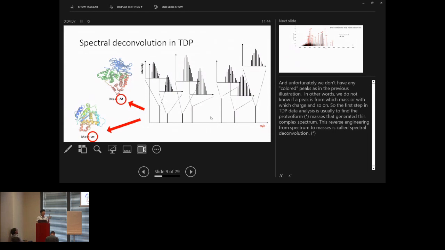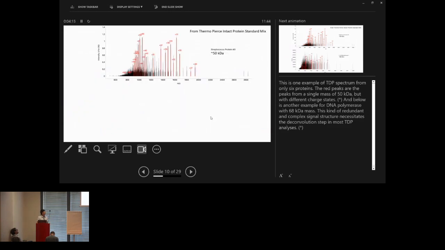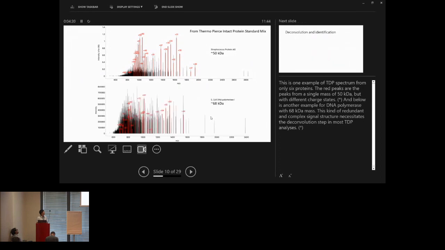So from the very complex convolved spectrum, we want to go back to the list of monoisotopic masses that generated the spectrum. This is a few examples from very simple samples. It only contains 6 different proteoforms, and you see very dense peaks, and these red peaks are the peaks from different charges of the same mass. So we have charges from 27 to 68, and this is another different.